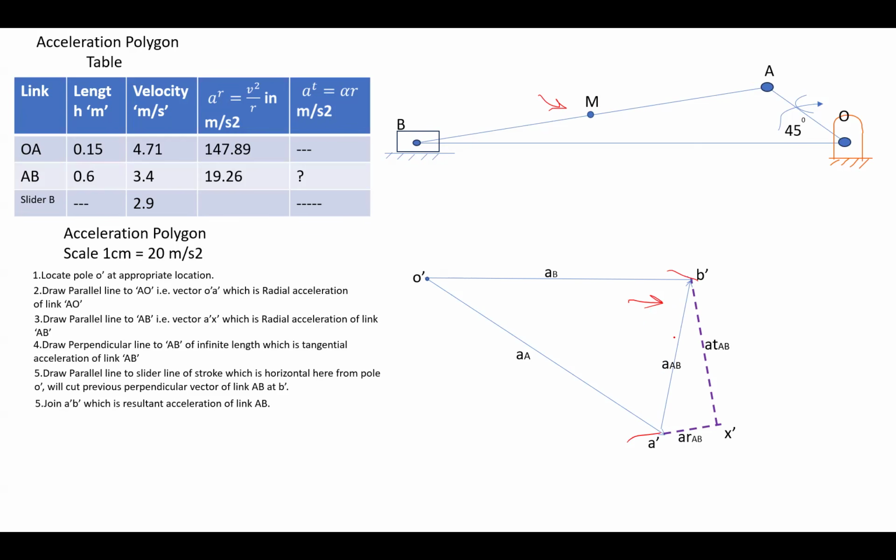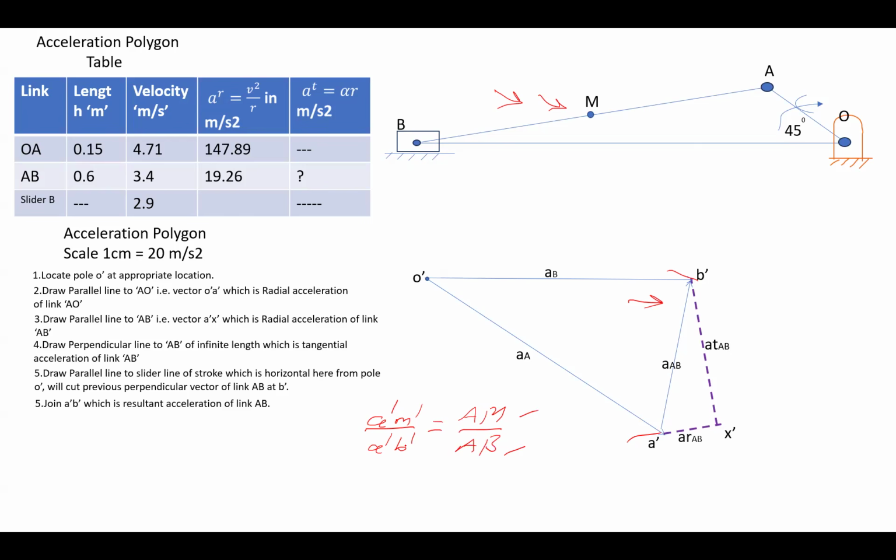Obviously the M point will be located on the AB vector only, at the same ratio as in the space diagram. So how do you locate it? You take A dash M dash divided by A dash B dash equal to capital AM divided by capital AB.